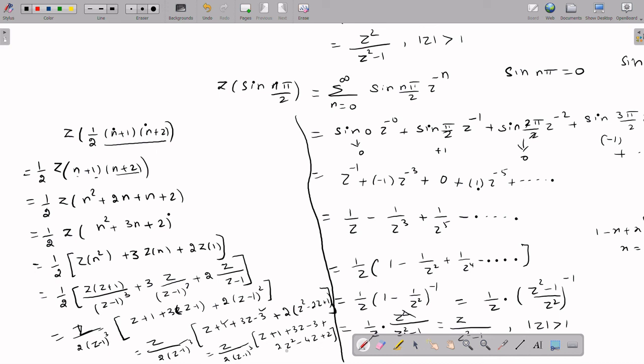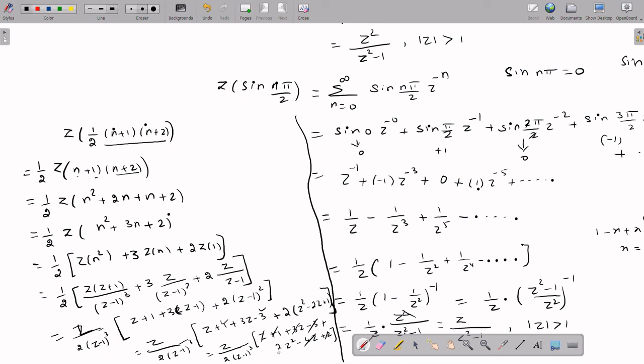So here this term, plus 3z, plus z, 4z, and here you have minus 4z, okay, and then here the 1 plus 2 is 3, minus 3 gets cancelled, so remaining you have 2z squared.